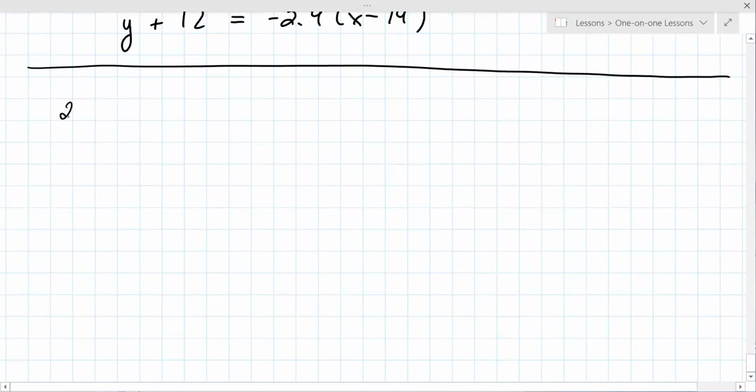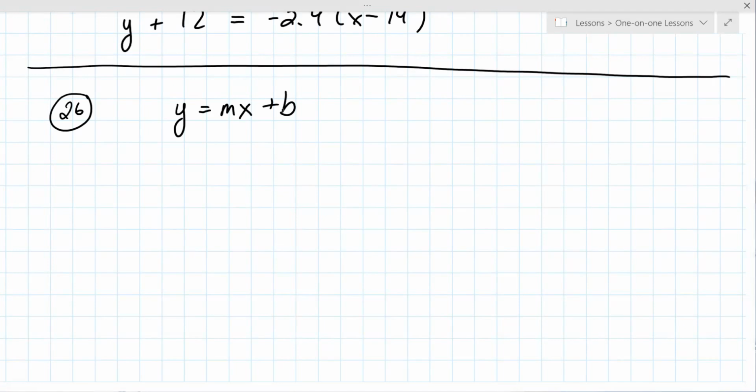26 here wants the equation of the line in slope-intercept form. You have to know your target before you begin. The slope is what you have to find, and then the b value. This time to find the slope, you have to use the slope formula.